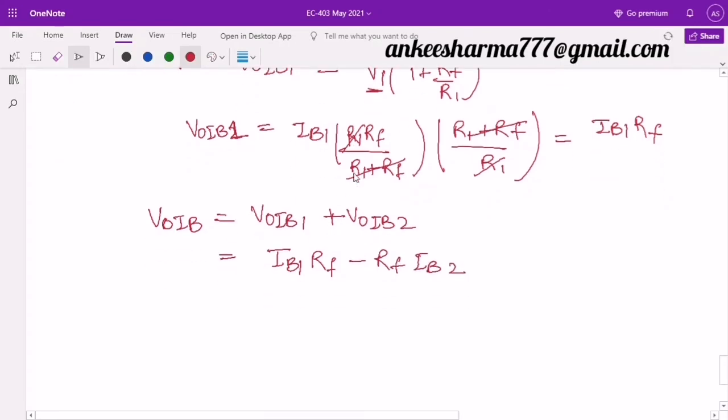Now RF can be taken common, so you can say VOIB is equal to RF into IB1 minus IB2. Right, so this is my total output voltage due to the bias currents.